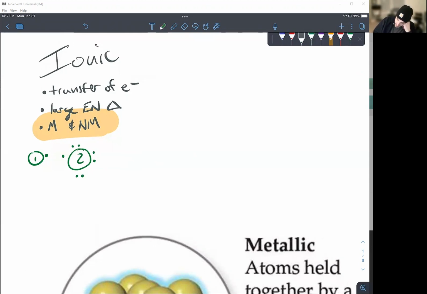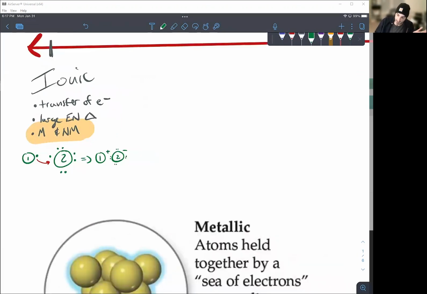And what we're typically going to see is this electron is going to transfer and fill the octet of that, removing the electron from the other. And now in the end, what you have is this positively charged cation and this negatively charged anion, and they are held together because they have this electrostatic interaction.